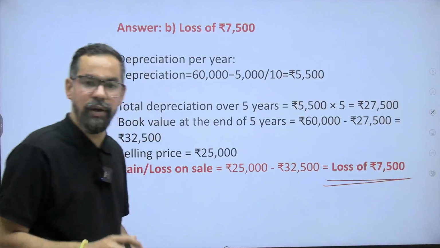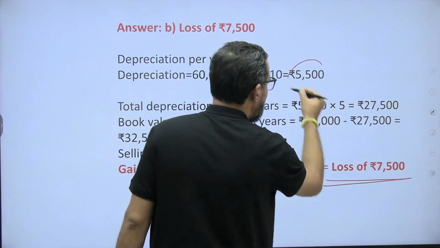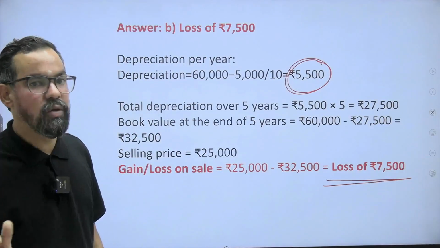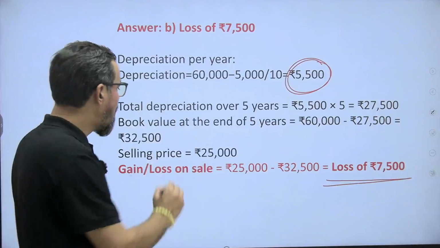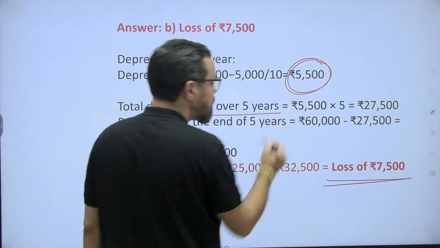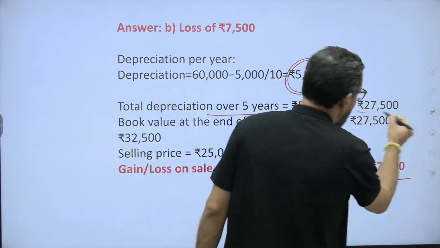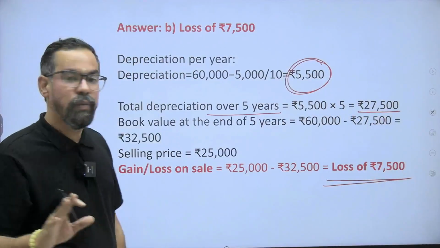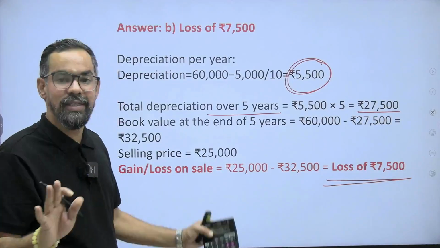How did we calculate this? See, for the depreciation for 1 year, we are using the straight line method. So per year depreciation is 5,500. How do we achieve this? Cost minus salvage value. Now the depreciation over 5 years, if you multiply, we reach 27,500 itself, right? Now the asset book value at the beginning was 60,000 minus 27,500.